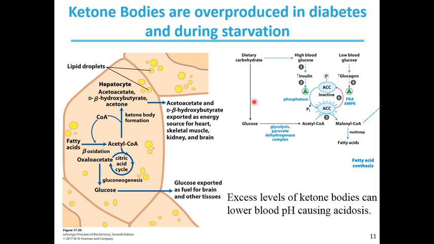The increased blood levels of acetoacetate and D-beta hydroxybutyrate lower the pH of the blood. So the blood pH is lowered because of increased concentration of ketone bodies. This results in a condition called acidosis.